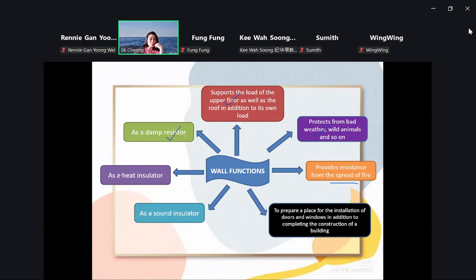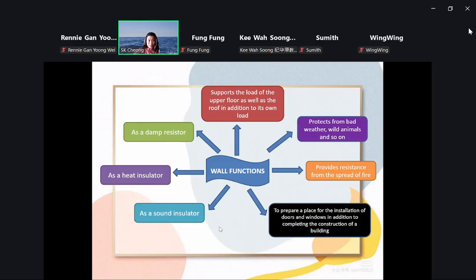Also a heat insulator if it is an external wall of a house, a sound insulator, and of course, any wall is a place to install doors and windows, to complete the construction of a building. So wall functions, okay? Wall functions. What else?